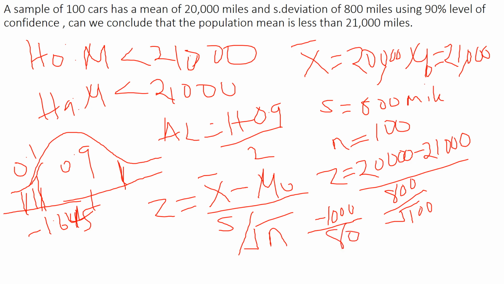Then we get 80 as the answer. So our z is equivalent to, if you divide 1,000 by 80, because this zero and this zero cancel, we get negative 12.5.